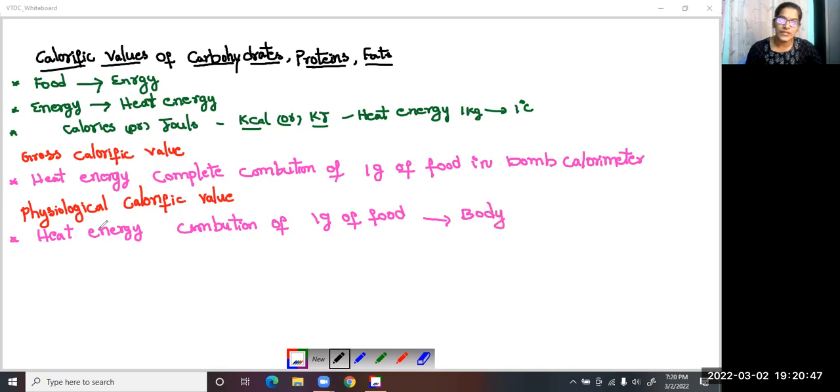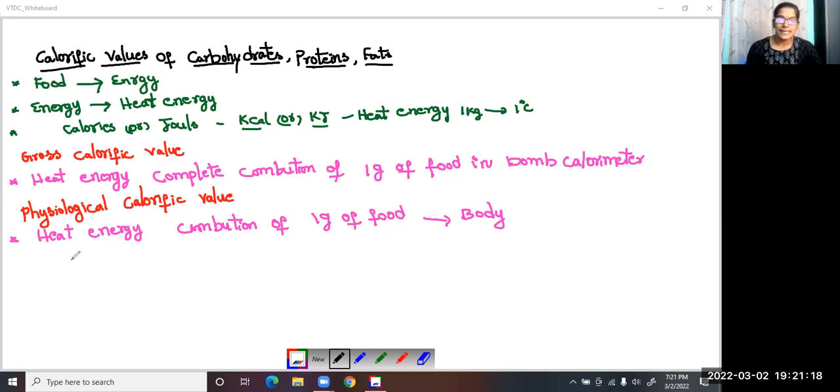So the difference is that the gross calorific value is totally an experimental, laboratory value, whereas the physiological calorific value is the actual energy released by the breakdown of 1 gram of food in our body.